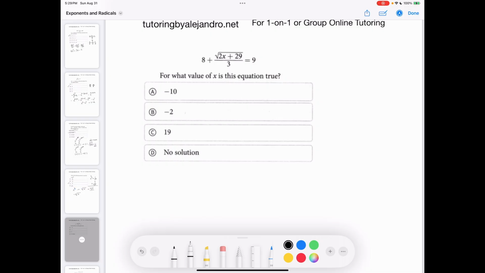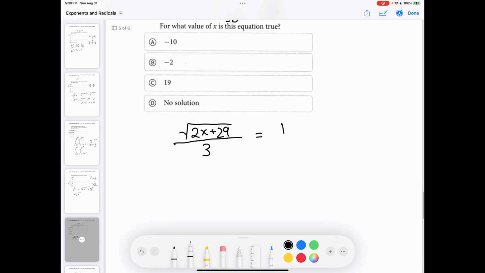So the 8 is adding, a positive 8, so I'm going to subtract 8 on both sides. Whatever I do on one side, I have to do on the other. So that means I have 9 minus 8 on the other side. This gives me the square root of 2x plus 29, all of that divided by 3, equals 9 minus 8, which is 1. Great.